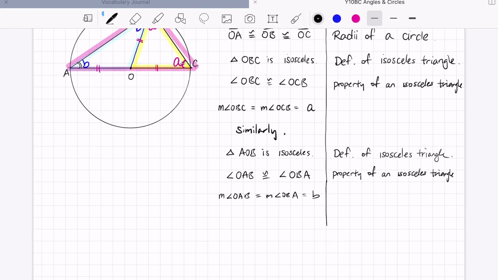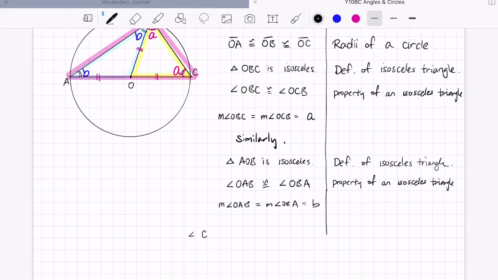So angle CAB plus angle ABC plus angle BCA is 180. Okay, that's because of the interior angle sum of a triangle is 180 degrees.